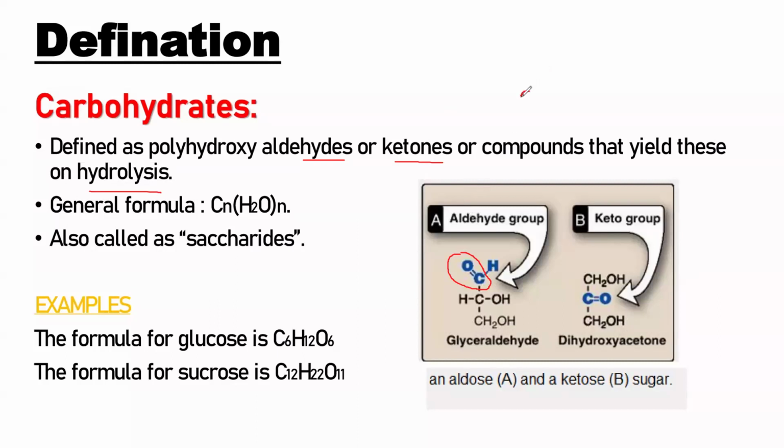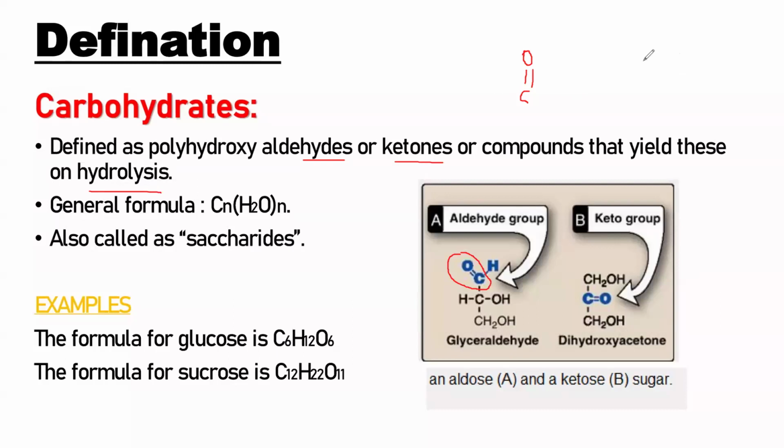In carbonyl compounds, we have carbon to oxygen. So I started with an explanation of carbonyl compounds. What are carbonyl compounds? Carbonyl compounds are compounds that have a carbon to oxygen double bond. Among these carbonyl compounds, we have so many.